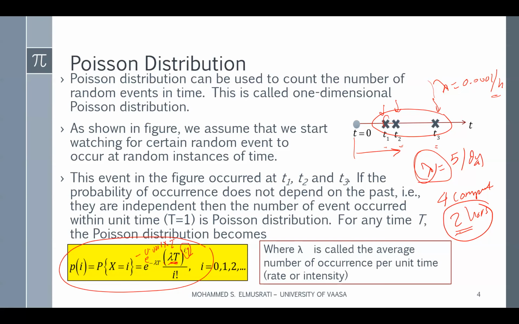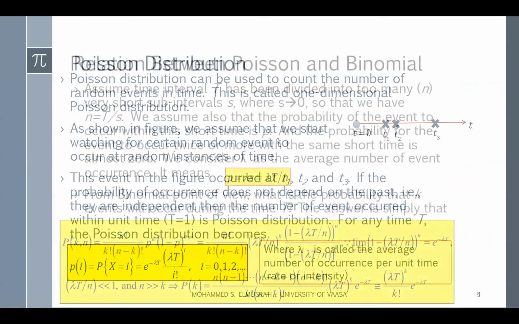So in this case we use this Poisson distribution a lot in calculations of probability. We will come back to this later because we have some examples about reliability as well.